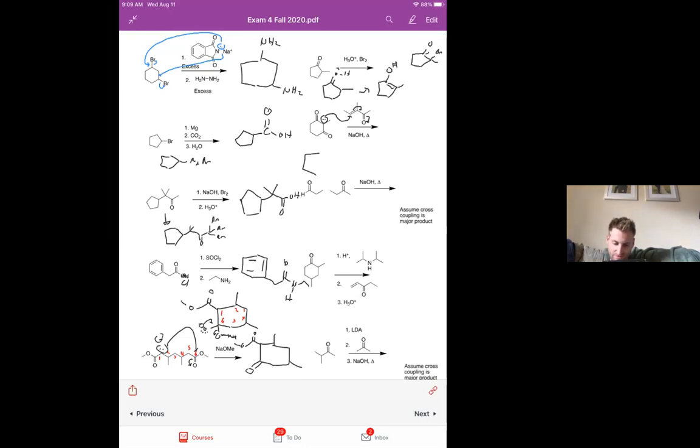We'll end up generating in our first portion something that looks like this, which can protonate to form a ketone. From here, we'll make a negative charge in this position. Do our cyclization, we're going to make a 6-membered ring.